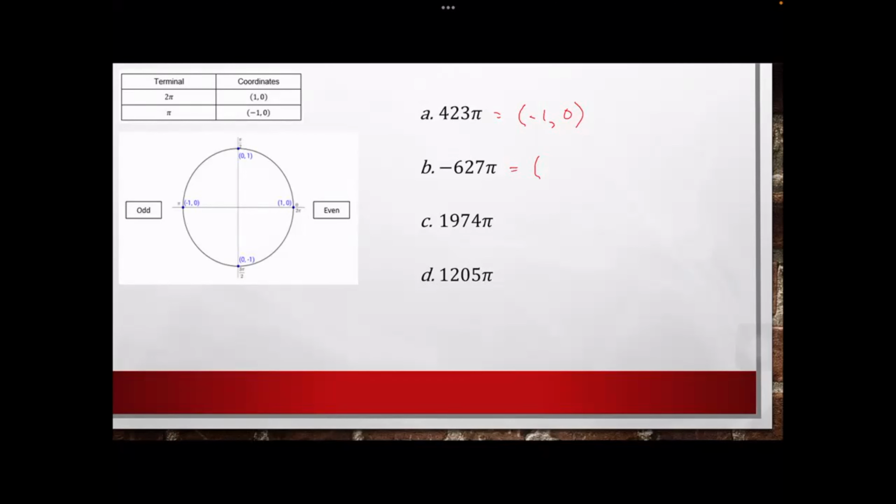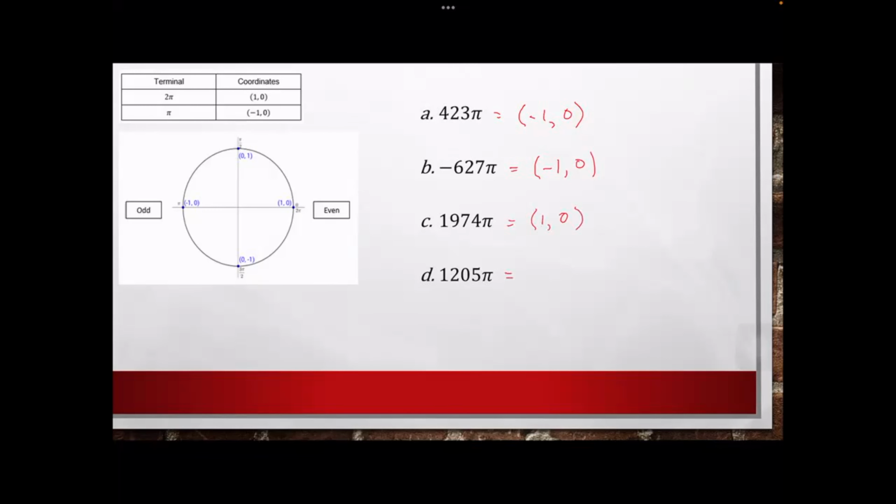Okay, so if this is odd, so therefore magkakaroon ka dito ng negative 1 and 0 as the coordinates. The next is 1974, Mendoza. Even po. So this is even. So therefore magkakaroon ka ng sagot na 1 and 0.